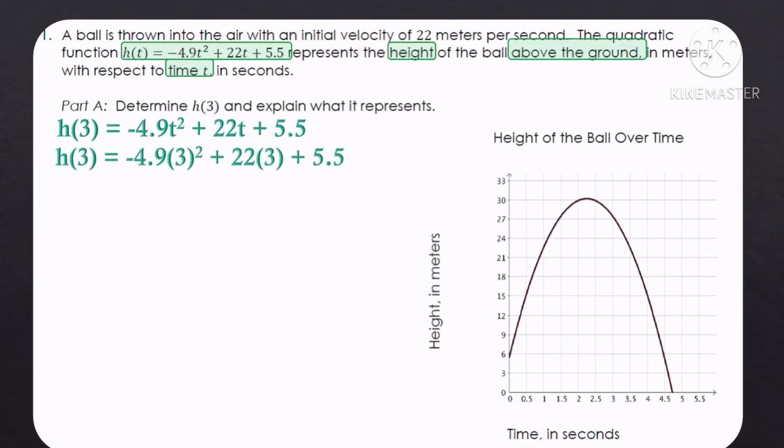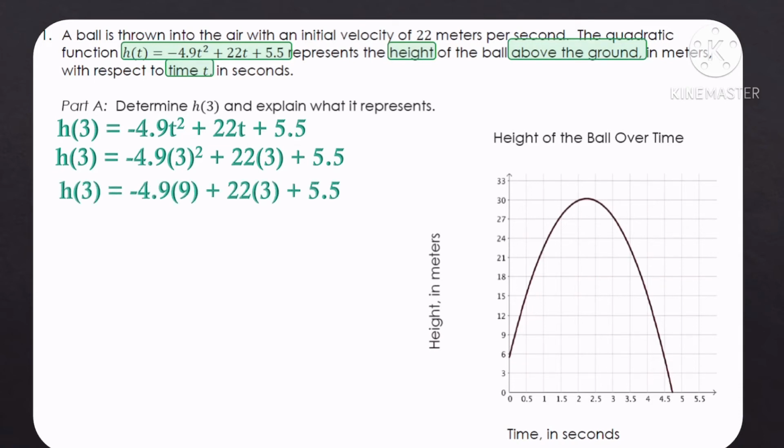And this is what it should look like. Remember, we've said this before. When you replace a variable, put parentheses around it because it makes a difference for that t squared. That squared is only going on the t. So it means I need to square the 3 first. When I do that, I get 9.